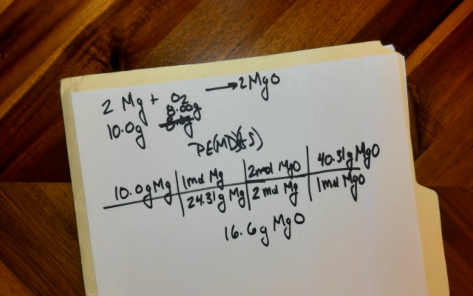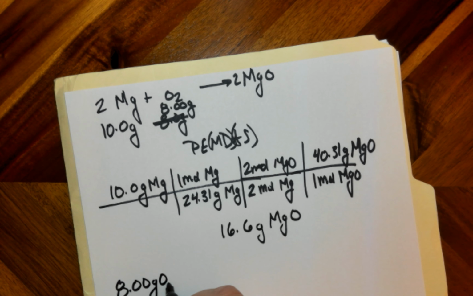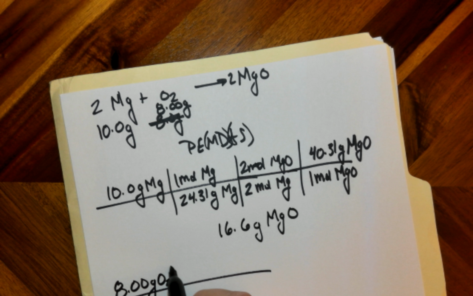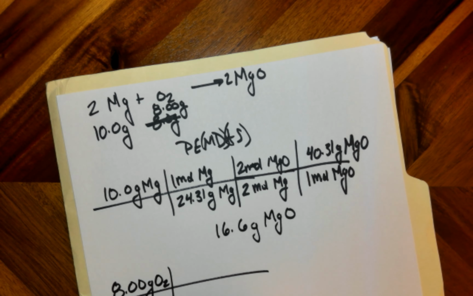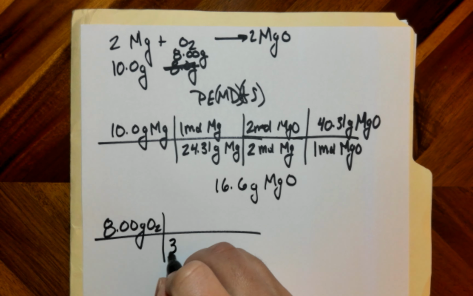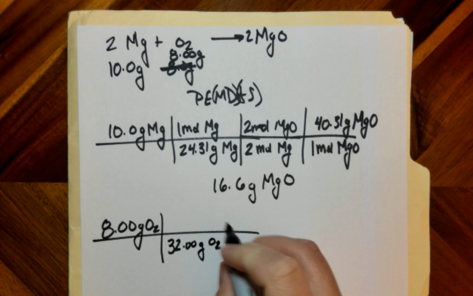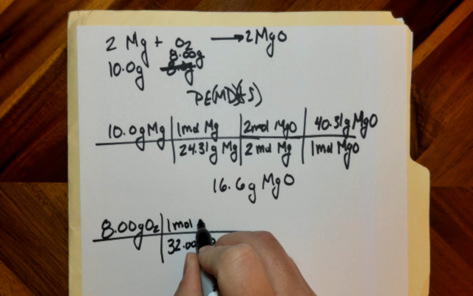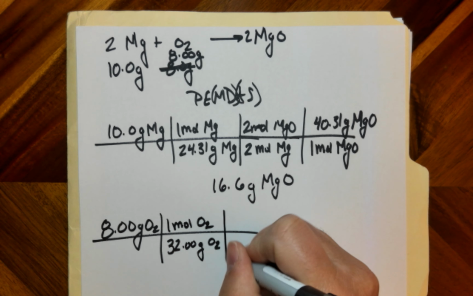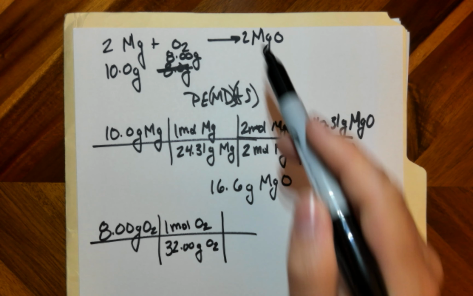Let's do the same thing now with oxygen. We've got 8.00 grams of oxygen, and the molar mass of oxygen is 16, but wait, we've got 2 of them here. So that's going to be 32.00 grams of oxygen in 1 mole of diatomic oxygen. And then for every 1 mole of diatomic oxygen, we get 2 moles of magnesium oxide.